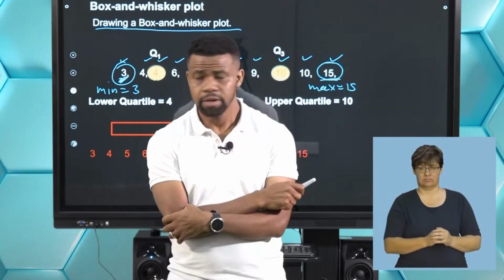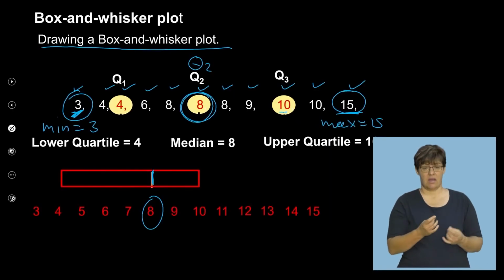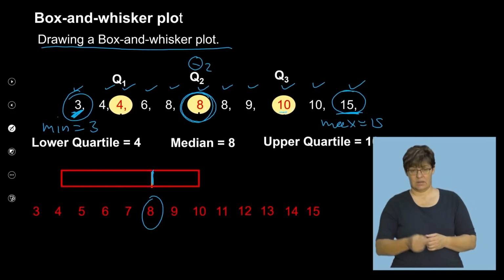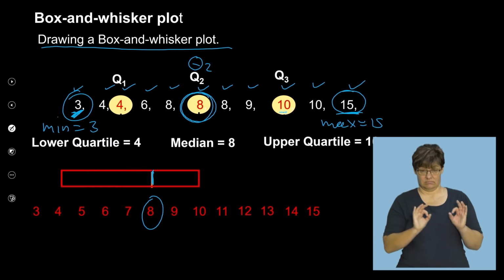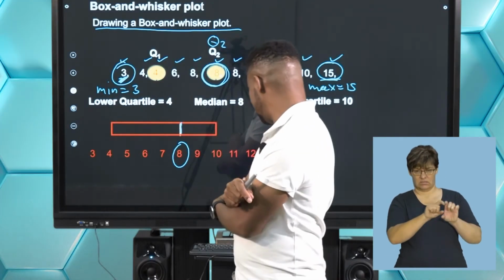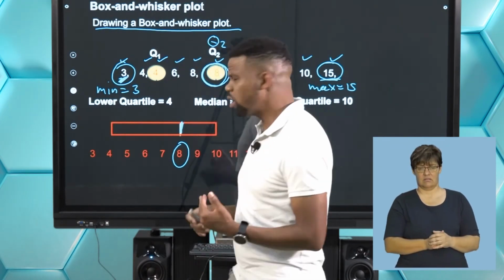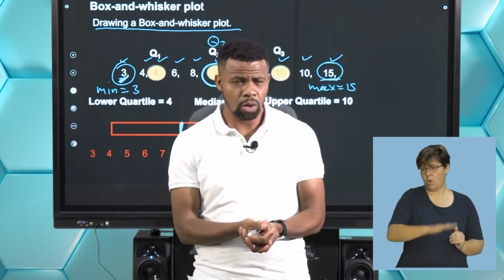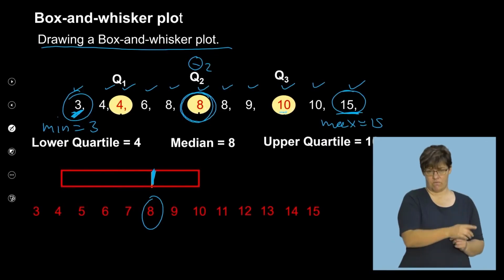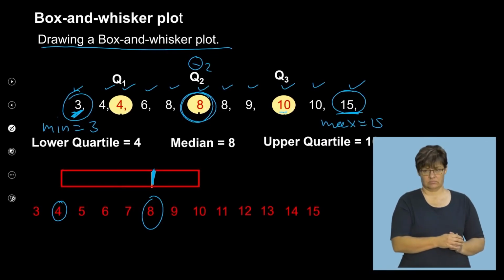Then I have numbers from 3 to 15, which is my data set. Are we together? And I draw a box. And I say, what is the median? The median is 8. And I put a line there. And I say, what is the lower quartile? The lower quartile, we know it's 4. Then there's 4 there. Put a line.